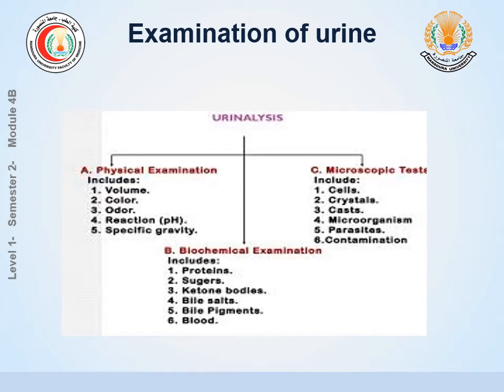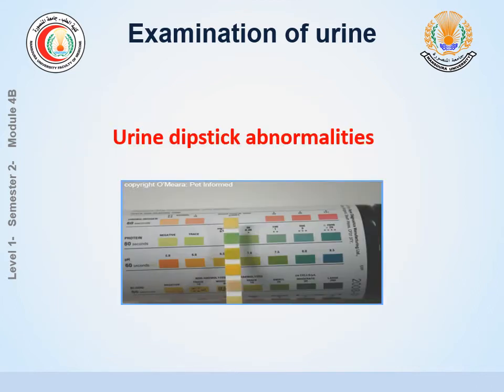This includes the physical examination for the volume, color, odor, specific gravity and reaction, the pH of the urine, microscopic test for the cells and crystals and casts, biochemical examination for proteins, sugar, ketone bodies, and others. Nowadays, we have the bedside urinary dipstick, which can detect the changes in a sample of urine just by introducing this strip in urine and detecting the color change.